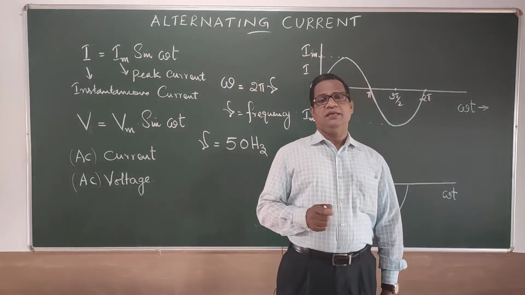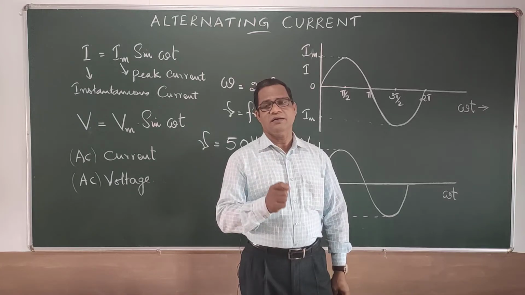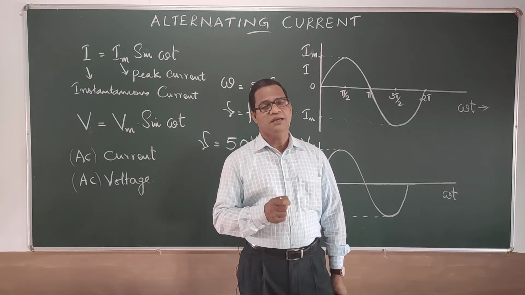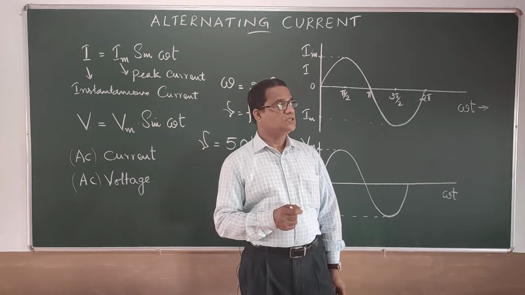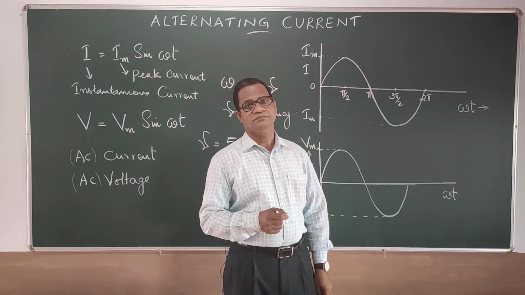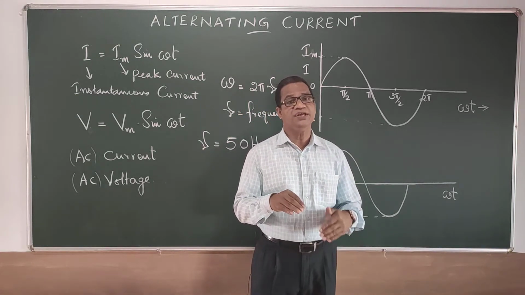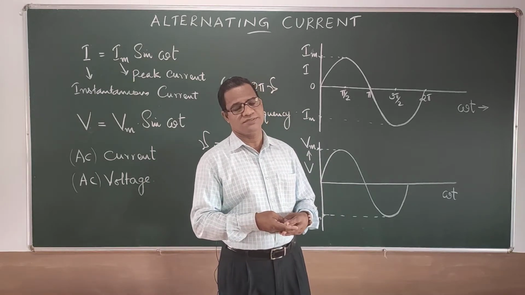Now what is an AC? Alternating current is defined as a current which is varying continuously and periodically changing its direction.